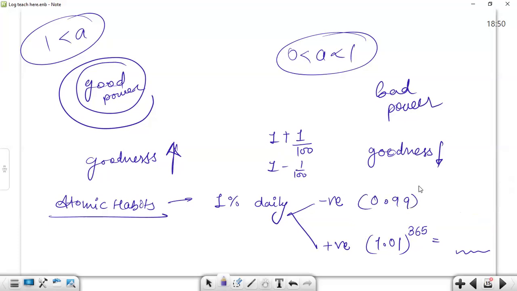So if we are 1 today, tomorrow, if we improve by 1%, it will become 1.01. If we decrease our quality by 1%, it will become 0.99.